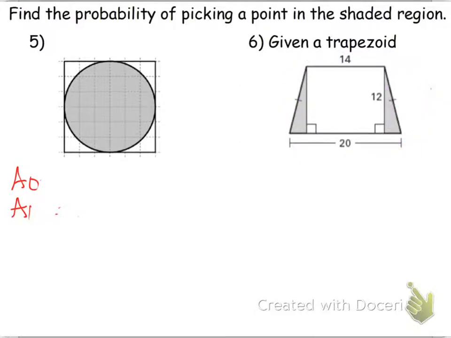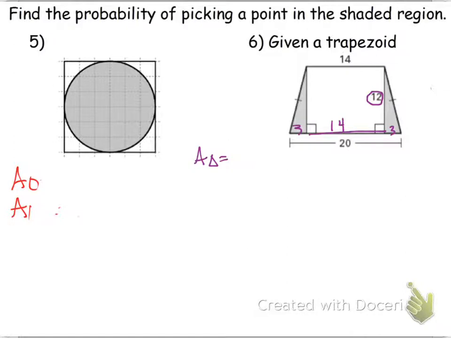So let's first start and let's get the area of the triangles. I need to do base times height divided by 2. Well, I know the height of the triangles is 12. And then if this piece here is 14, then I know the other two sides are going to be 3 and 3, because that adds up to 20.